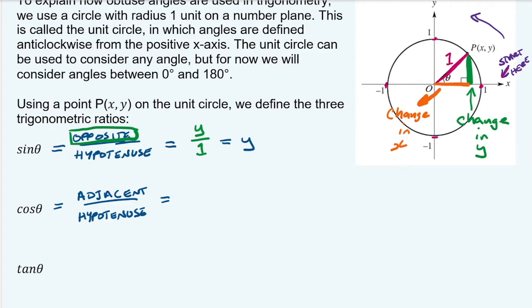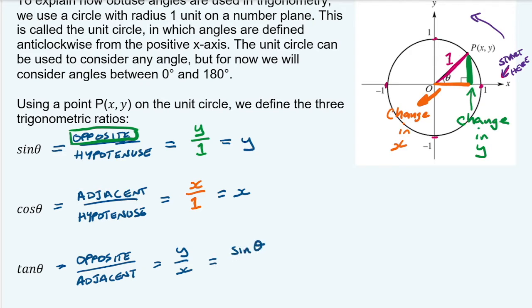So this is actually going to be x over 1, which is just x, which leads us very nicely into our tan theta, because tan theta is still the opposite over the adjacent, which is going to be y over x, which is what we were talking about a few videos ago when we linked it to linear relationships and gradient. And that's just going to be sine theta over cos theta.